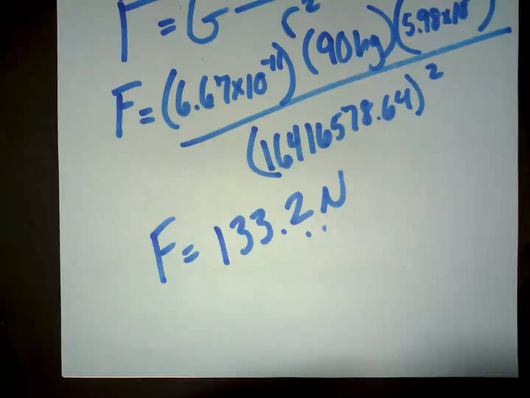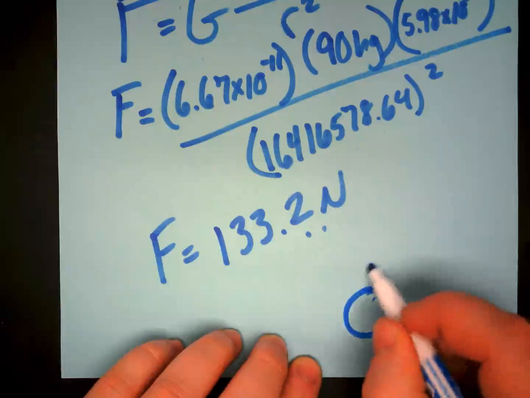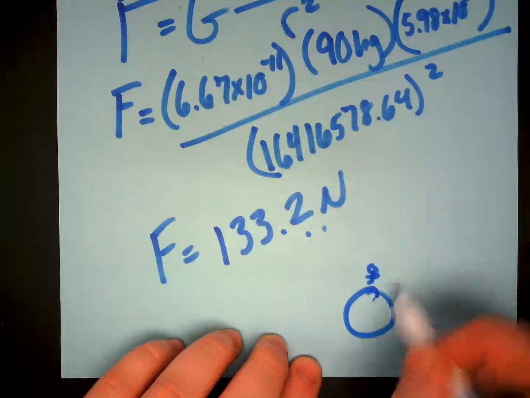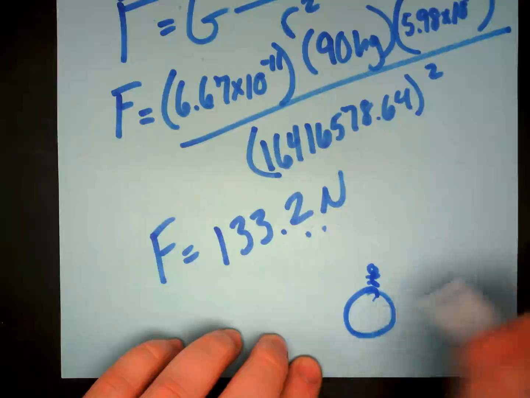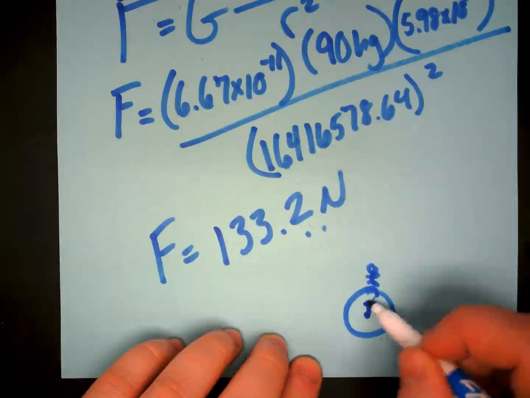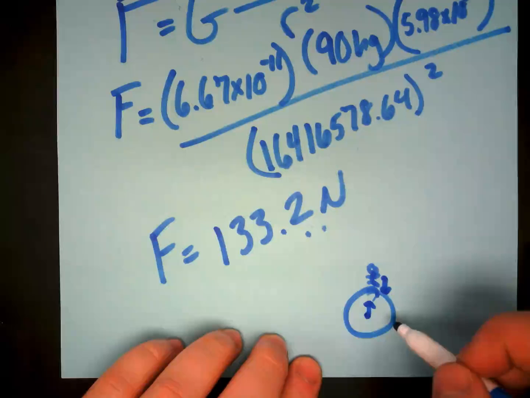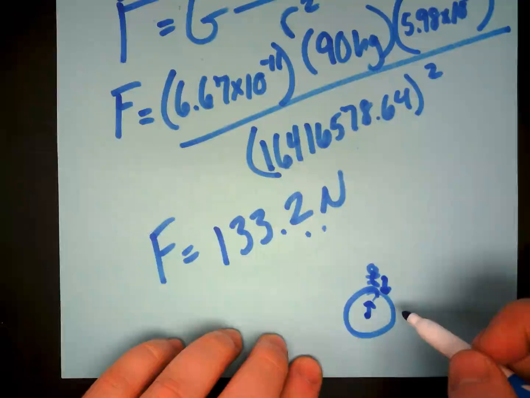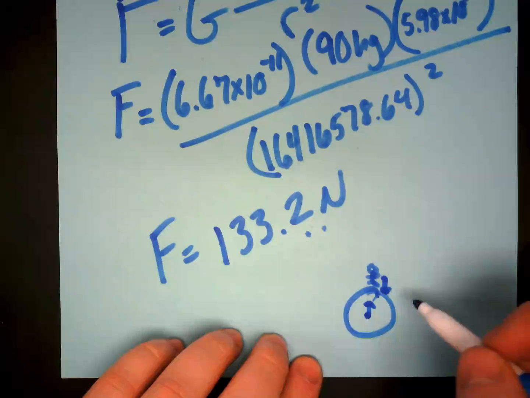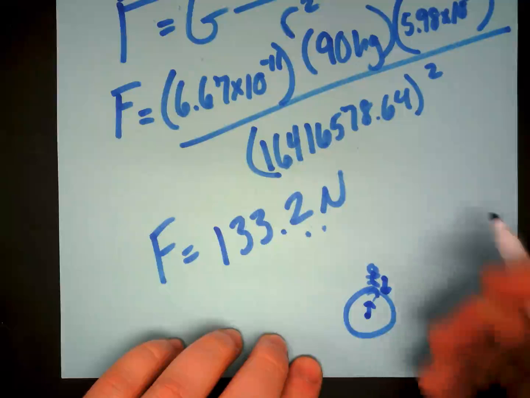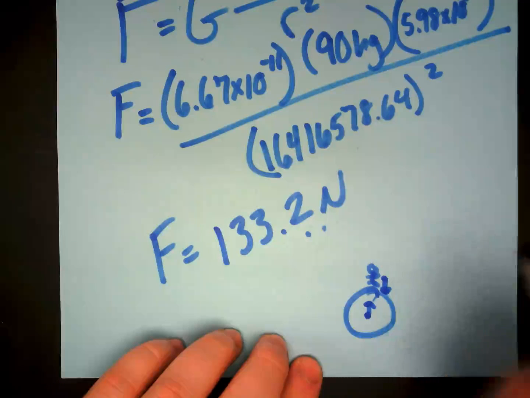If we think about it real quick, if we've got a dude, there is a force between the Earth and the dude, and it's going to be the same amount of force between them. But arguably, the Earth is not going to wobble as much as Pete is going to wobble, because Pete's mass is quite less, but the force is still the same.